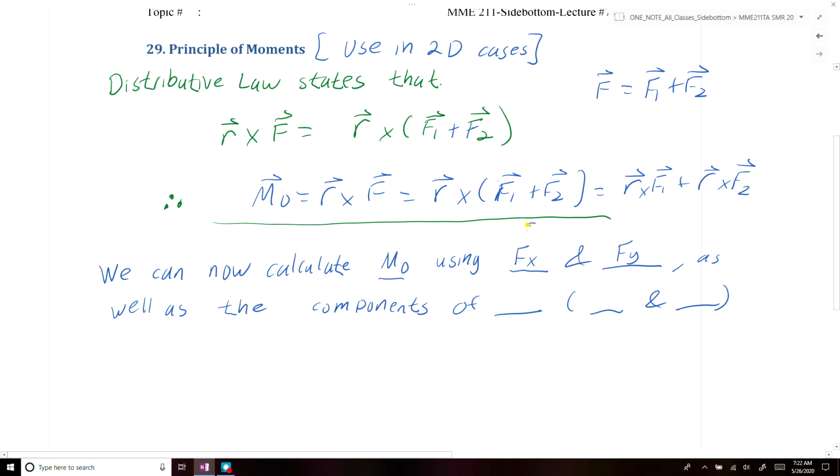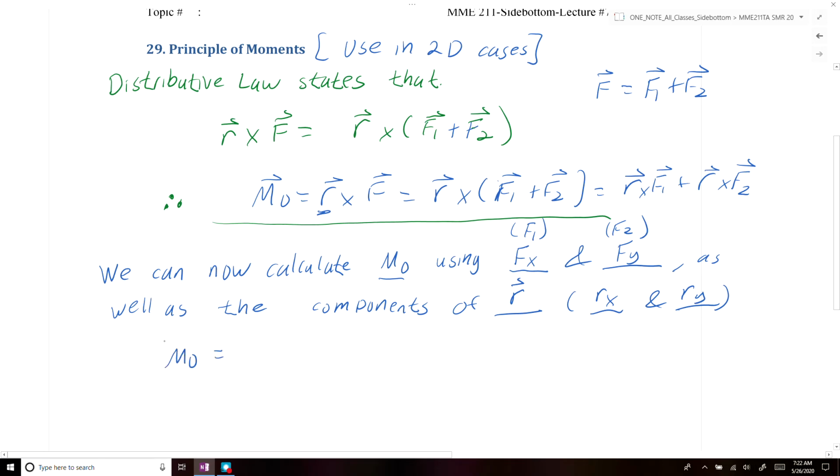So this would be force 1 and force 2 here, and we can do the same thing with our position vector r. We can break r into its components as well to take the cross product. If we do that, we get M naught.